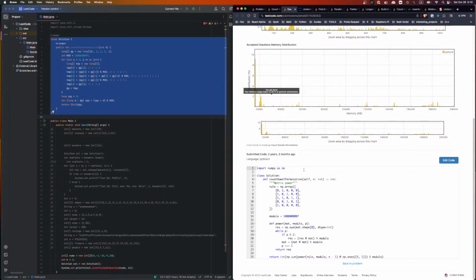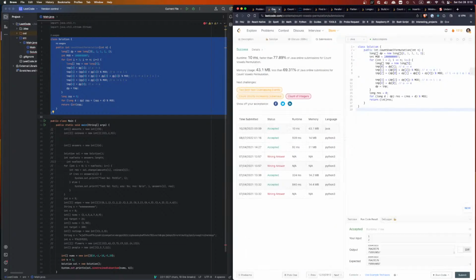Oh, matrix power. I think that's the one, but yeah. I'm okay with it. I don't want to do matrix power.